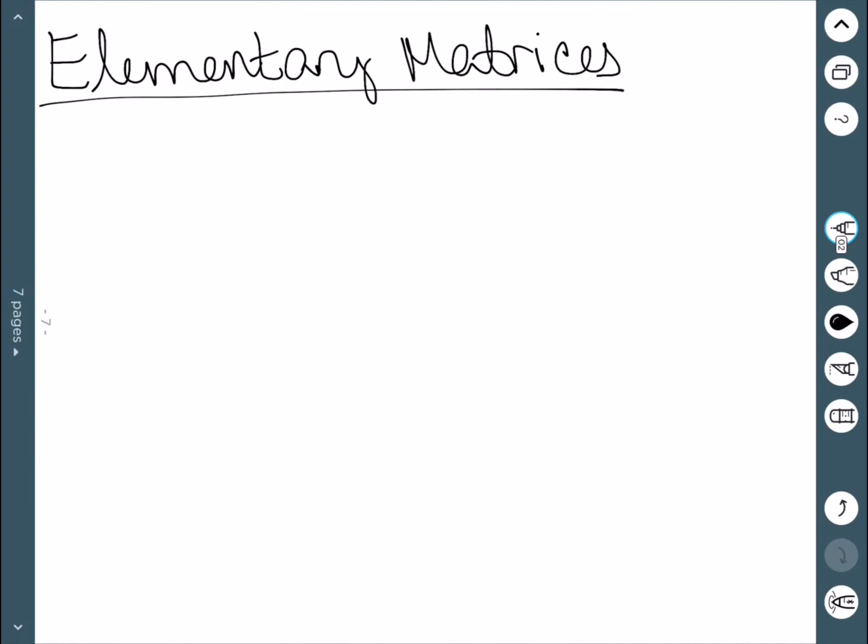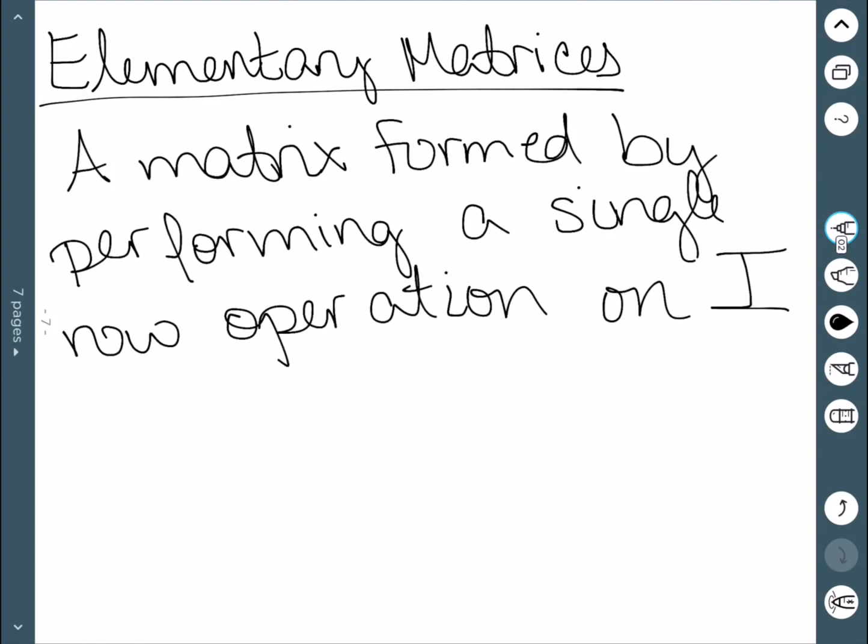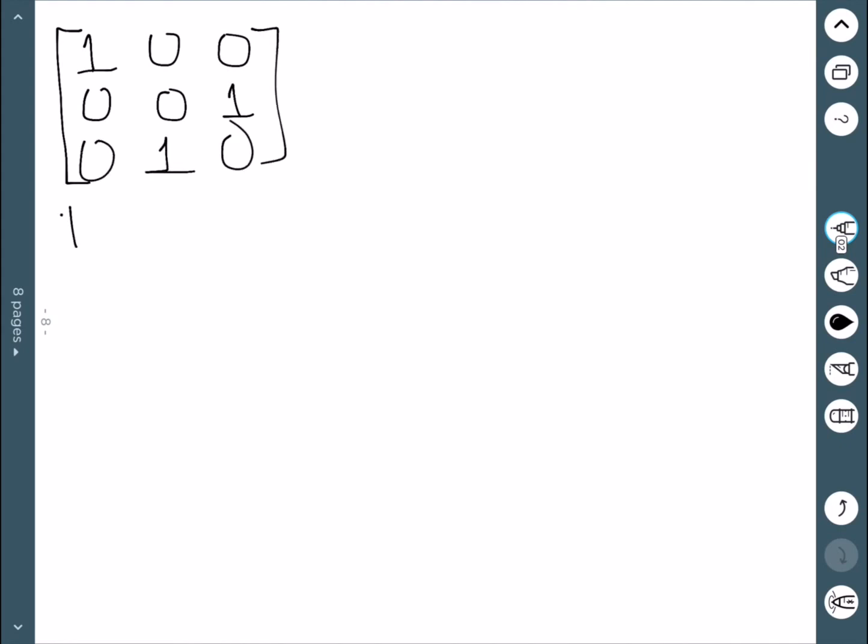Before we actually talk about how to find the inverse, we need to define an elementary matrix. An elementary matrix is any matrix that is formed by performing a single row operation on our identity matrix. Some examples. Well, if I have my identity matrix, I could switch 2 rows. In this case, I'd switch the second and third row. And so this is an elementary matrix.